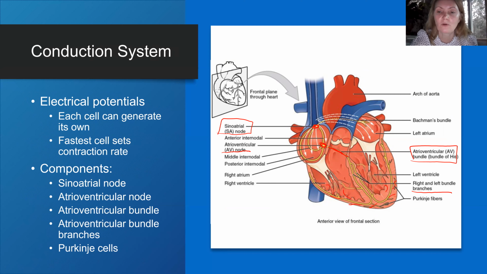So here we will have Purkinje fibers that carry the electrical impulses to the rest of the heart muscle. SA node, AV node, AV bundle, bundle branches, and Purkinje fibers, which are branches of the bundle branches.